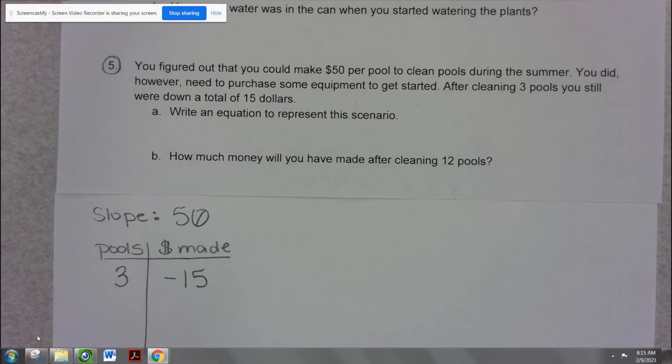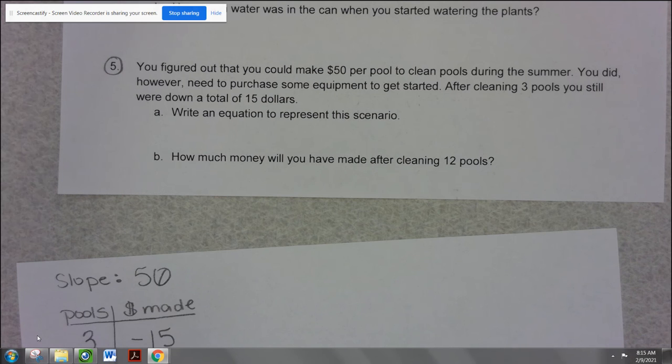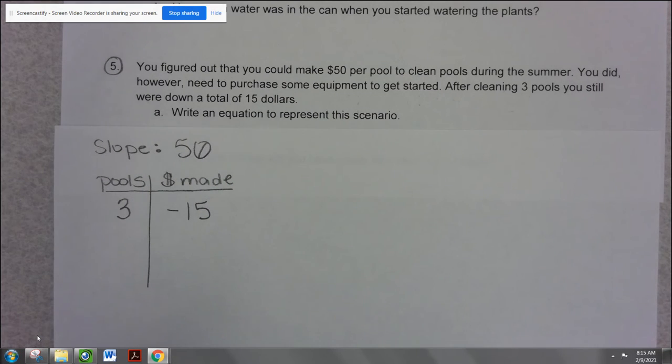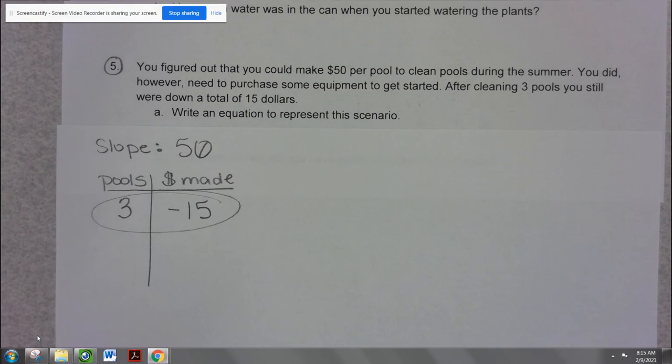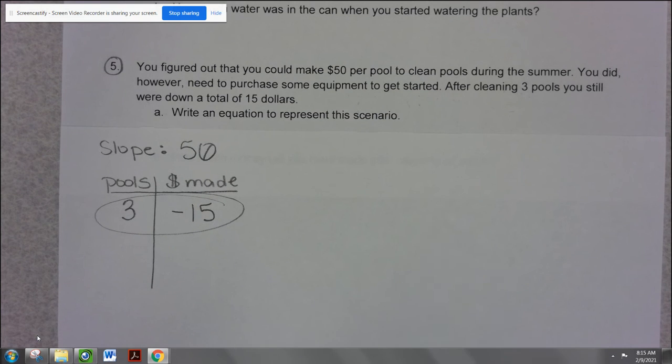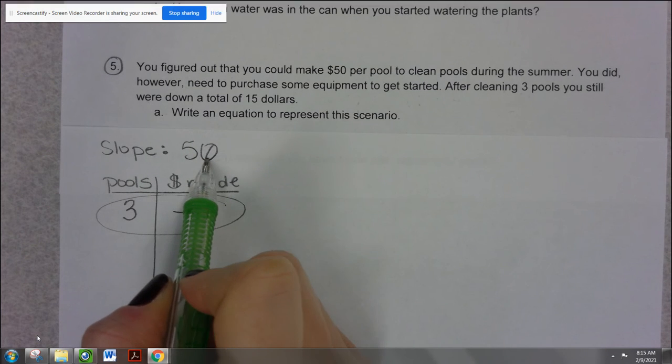We're going to assume, since this is probably a kid in high school, they had to borrow some money from their parents. So they owe their parents $15 still. So in this case, I have a point that gives me information about a pool and money, and I know how much money I make for cleaning each pool.